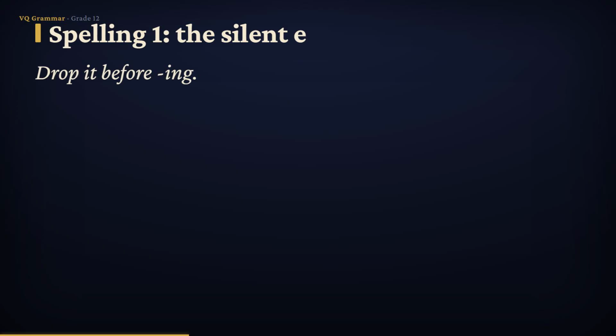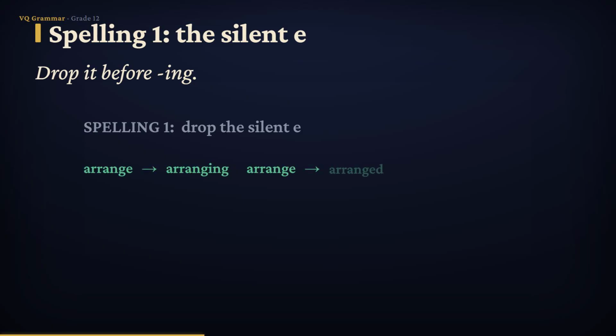Now, most regular verbs behave perfectly, but 3 small spelling situations come up again and again, and they're worth nailing down for good. Here's the first one. Verbs that end in a silent E. Take the verb arrange. For the present participle, you drop that E, and then you add ing, arranging, not arrangeing.